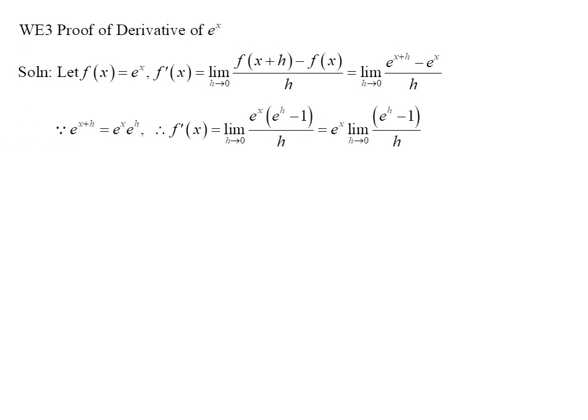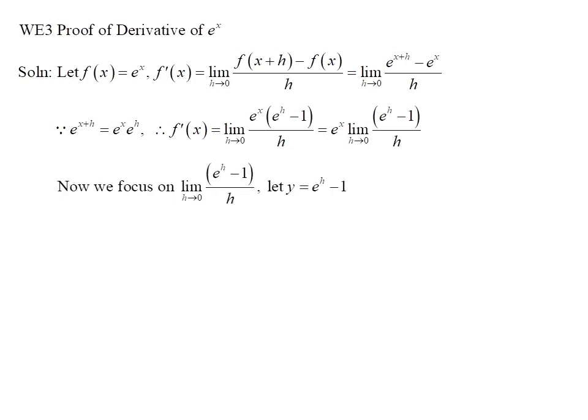Since e to the power of x plus h can be written to e to the x times e to the h, the derivative function is now written to e to the x times the limit of e to the h minus 1 all over h as h approaches 0.